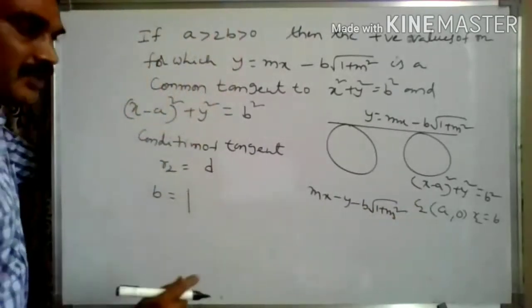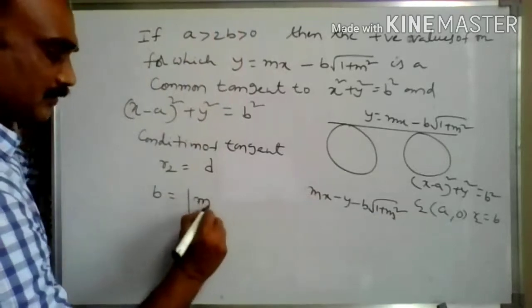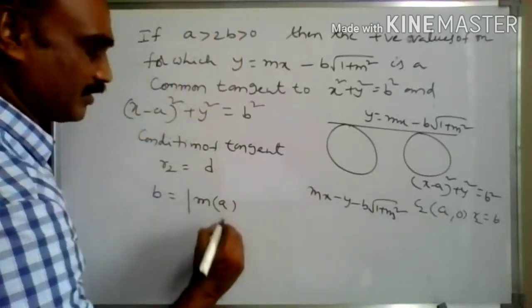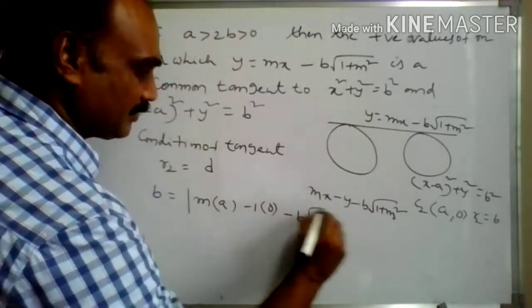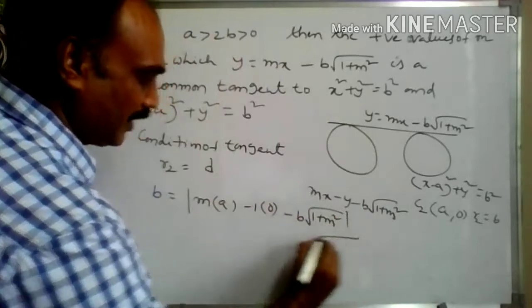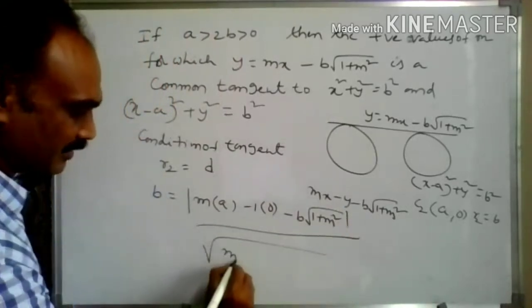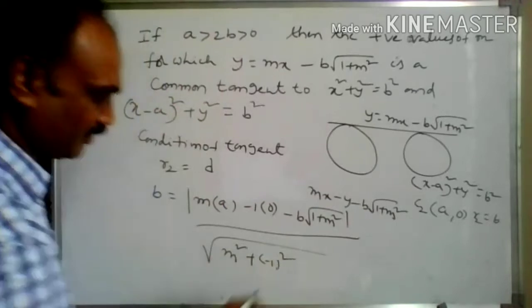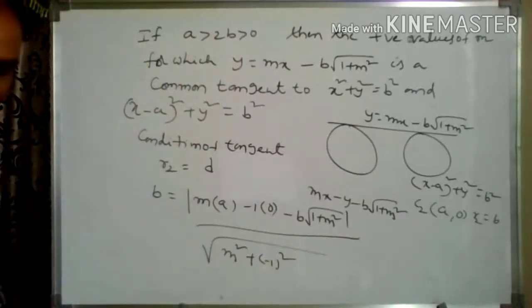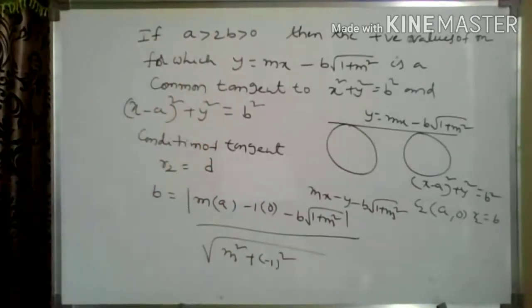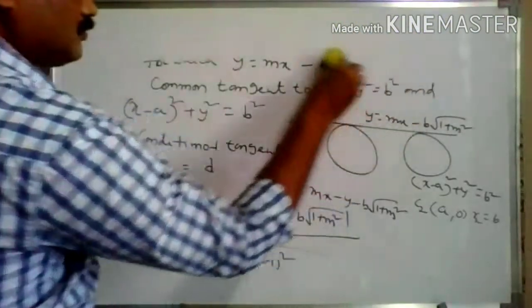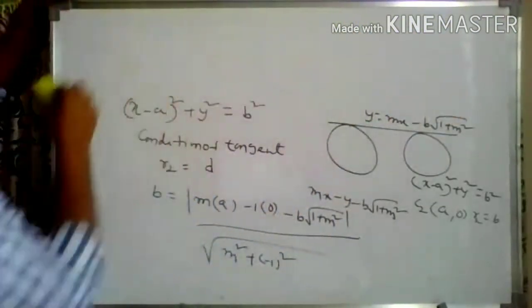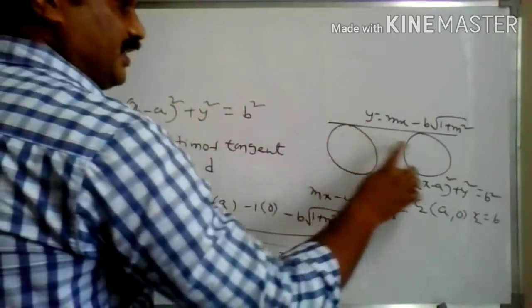Students, perpendicular distance formula: a x1, a is m, plus b y1, b is minus 1, into y1 0, plus c, minus b into root 1 plus m square, by root of a square, m square, plus b square, minus 1 whole square. This is tangent to the first circle and second circle.